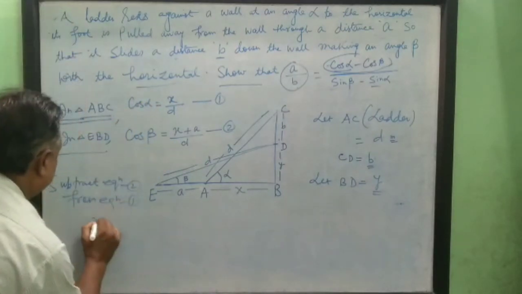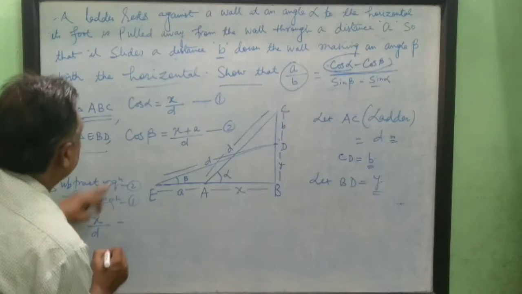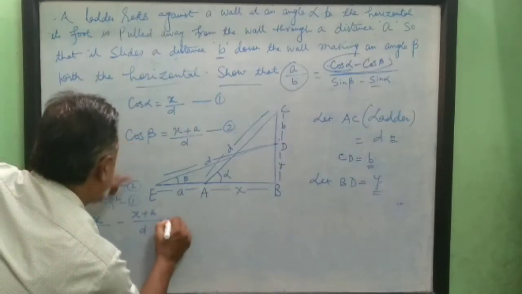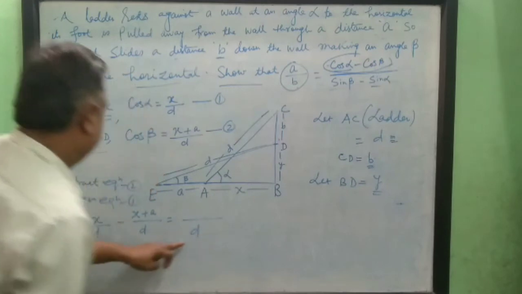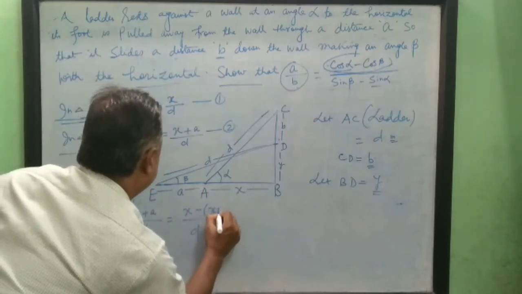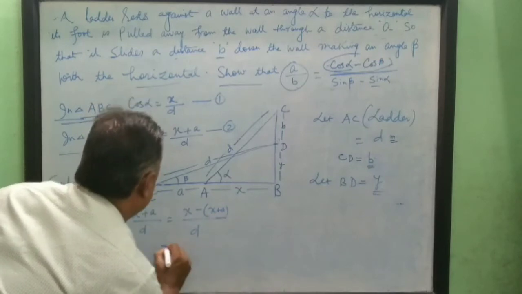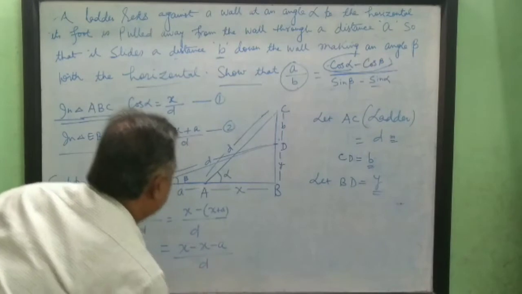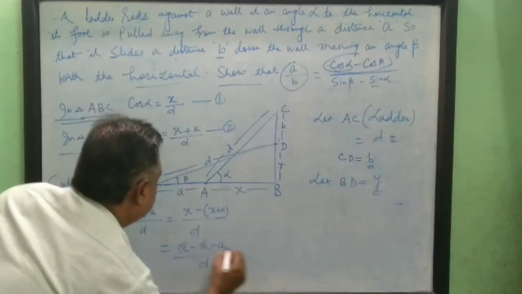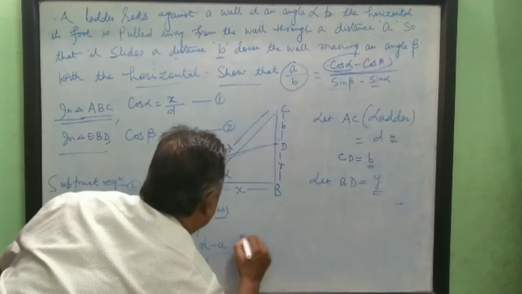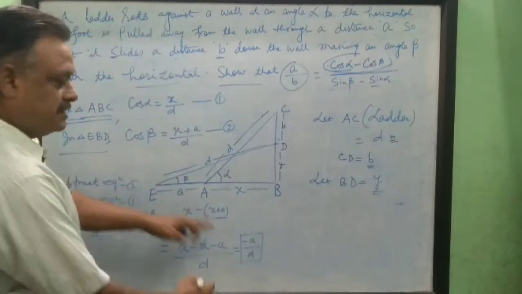So x by d minus x plus a upon d, take LCM, it will be d. Now x minus within bracket x plus a, so this will give x minus x minus a upon d. X and minus x cancelled, this is giving minus a by d. Leave it as it is.